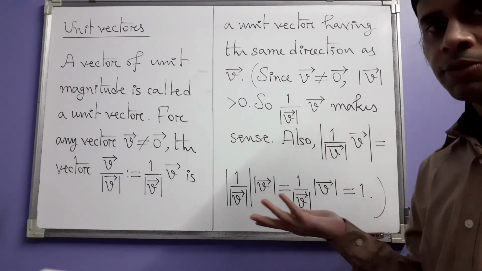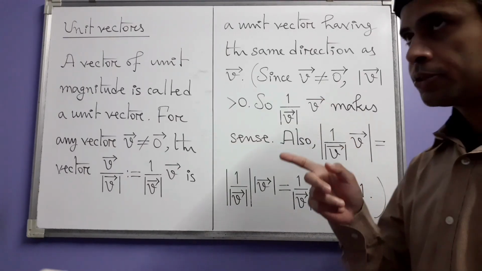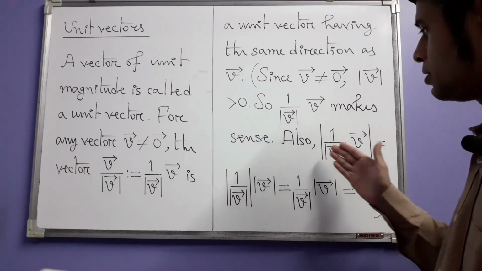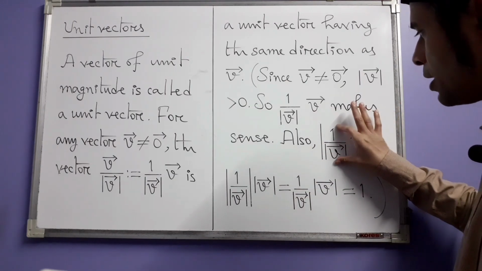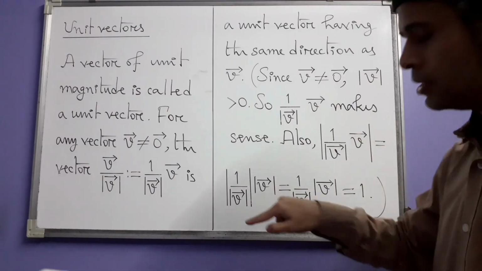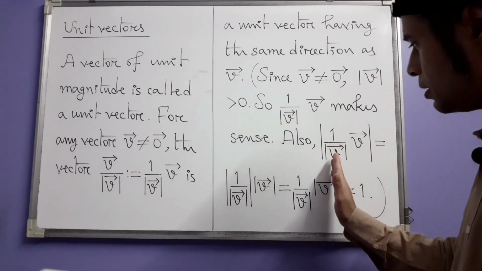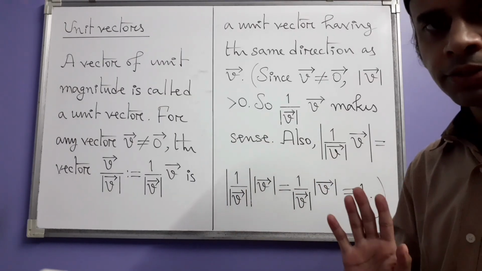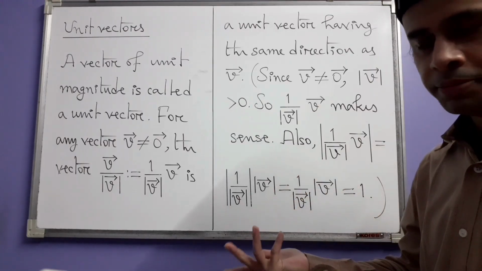Now next we come to the magnitude of this vector. If you go back to the definition of scalar multiplication, there the magnitude of a scalar multiple like this, where you have a vector multiplied by a real number, is the absolute value of the real number, that is the scalar, which in our case is 1 divided by the magnitude of v, times the magnitude of the vector, which is just v.